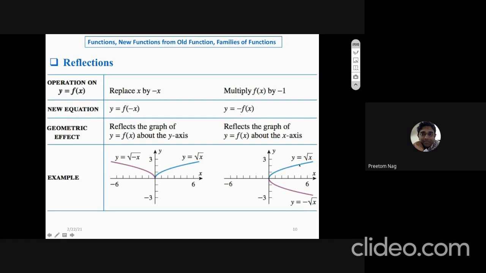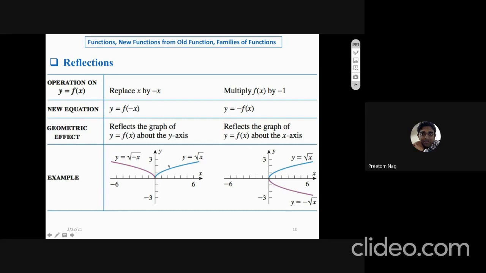Now if you multiply f of x by -1, what will happen to the original graph? The original graph will move to the bottom plane, and when it moves to the bottom plane, y equals minus square root of x, and the color here is indicated by the purple one. Okay.